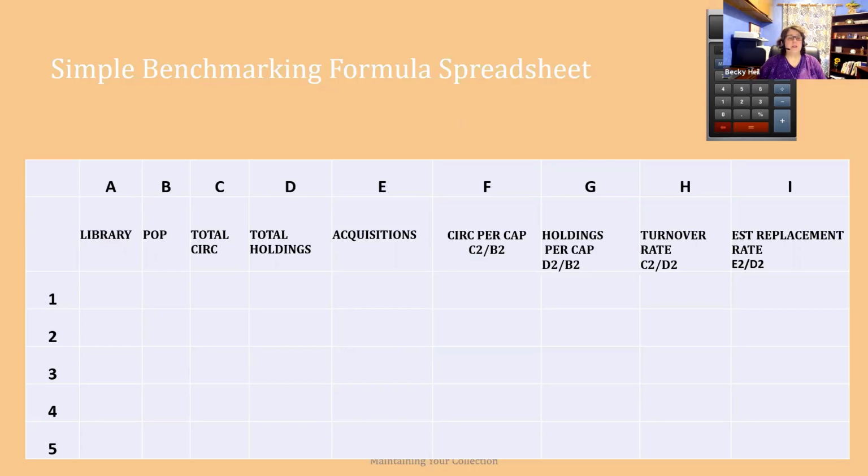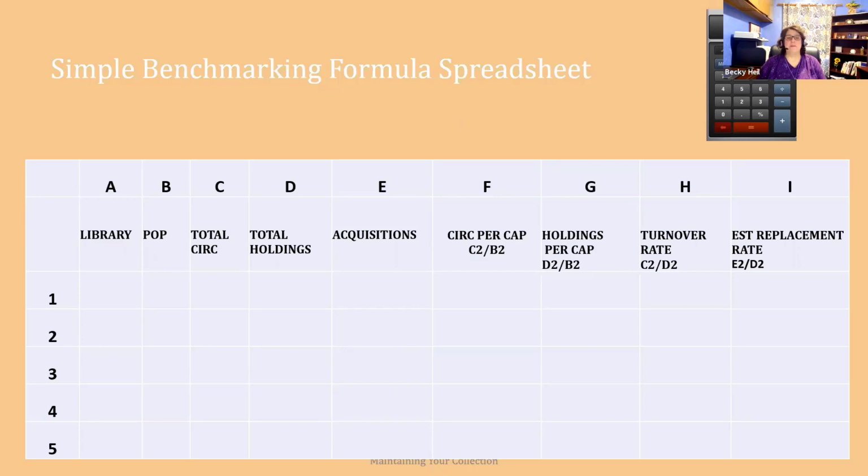Then you're going to look at the formulas in column F. We want to find out how many circulations per capita we have. How many books got checked out from that collection based on the number of population we have in our town. So you're going to take column C and divide it by column B, the total circulation divided by your population, and that will give you your circ per capita.